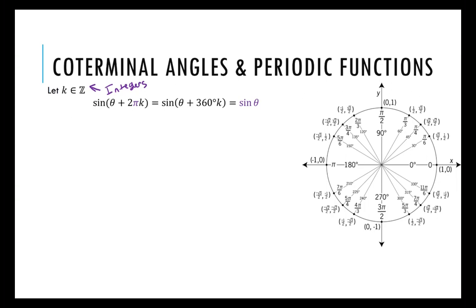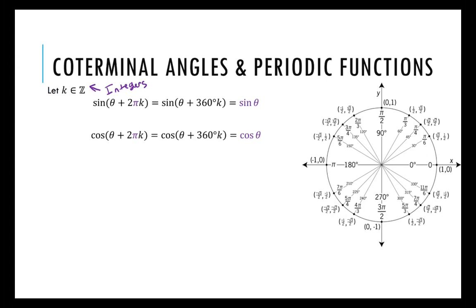You can also do that with degrees: if you take some theta in degrees and add 360 degrees times k to it, you're still going to get the exact same thing as sine of theta. In addition, the same thing can be said about cosine, and I also claim that you can say the same thing about tangent, cotangent, secant, and cosecant for all the same reasons.